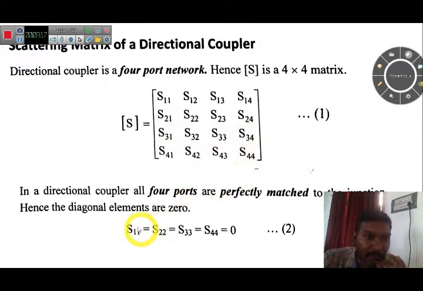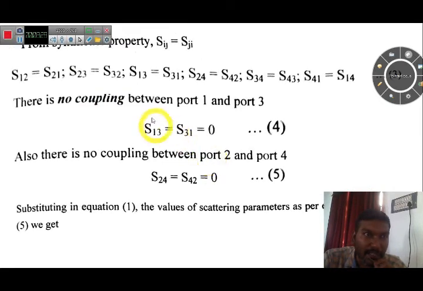If all 4 ports are matched terminated, the diagonal elements will be 0. So S11, S22, S33, S44 values will be 0. Based on the symmetry property, Sij is equal to Sji. We can write S12 equals S21, S23 equals S32, S13 equals S31, S24 equals S42, S34 equals S43, and S41 equals S14.